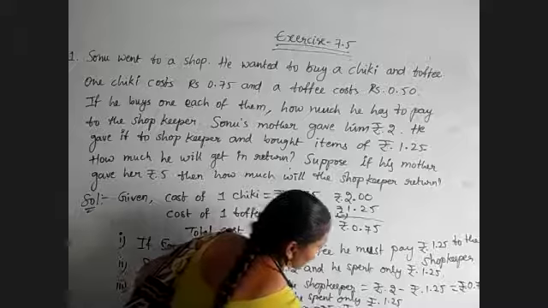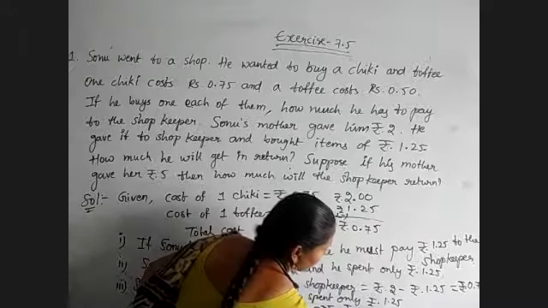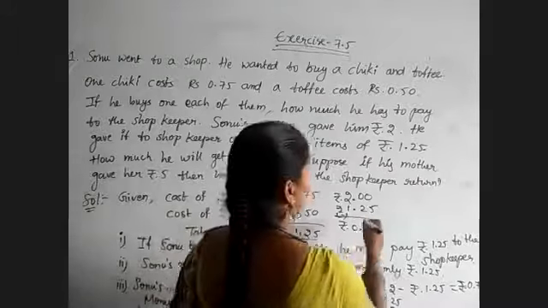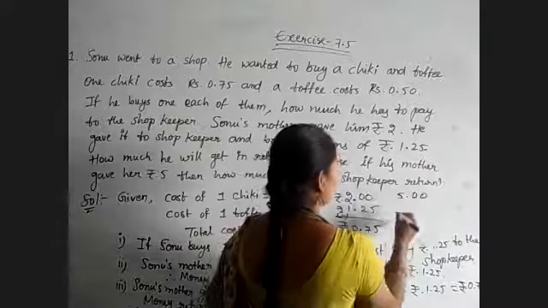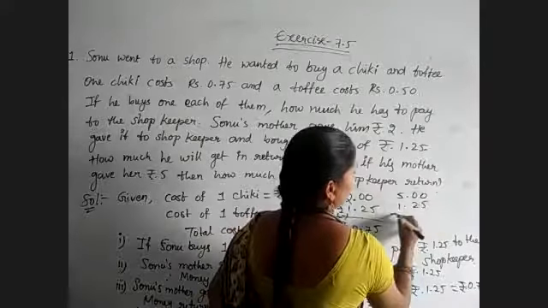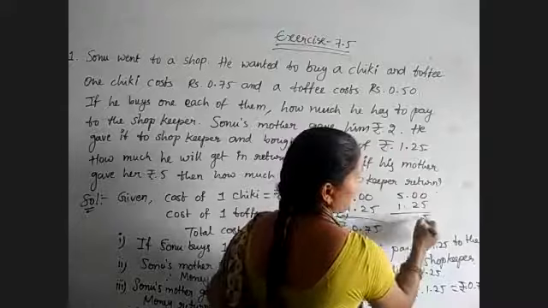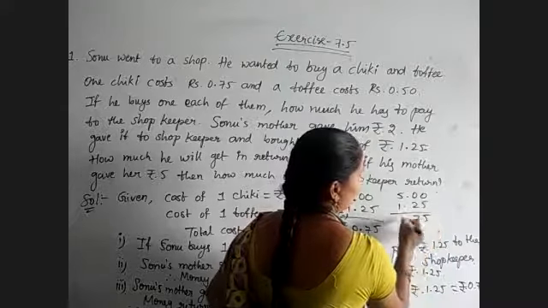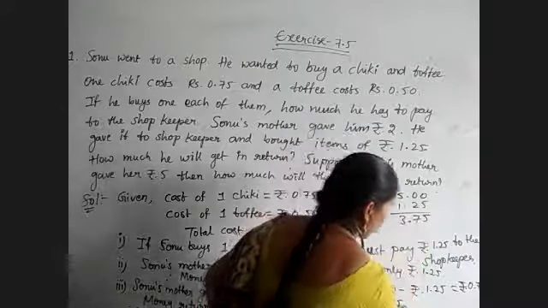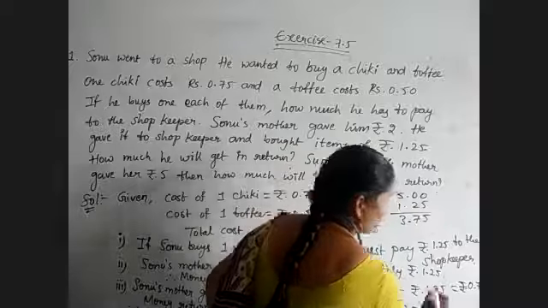So we will get 3.75. Just observe 5 rupees, 1.25: 10 minus 5 is 5, 9 minus 2 is 7, 4 minus 1 is 3. 3.75 rupees. That's all.